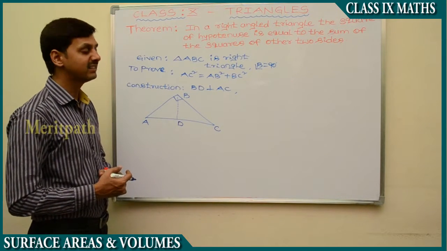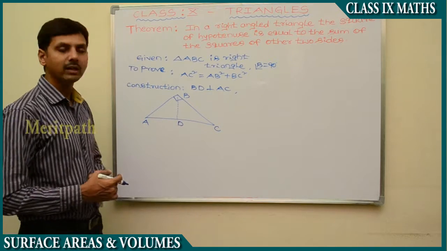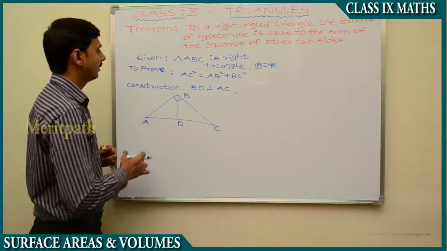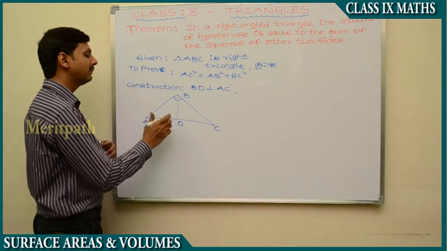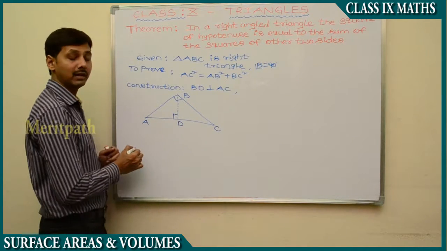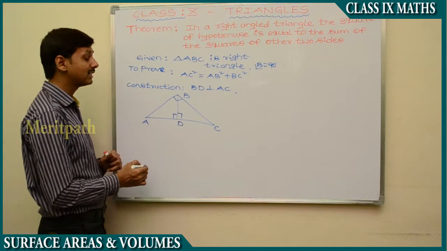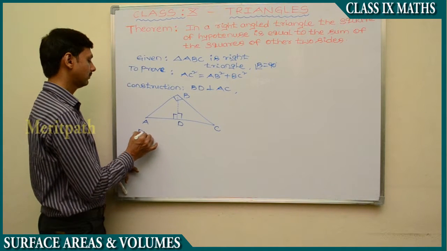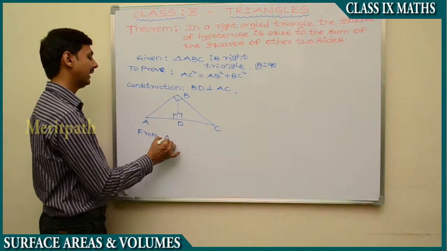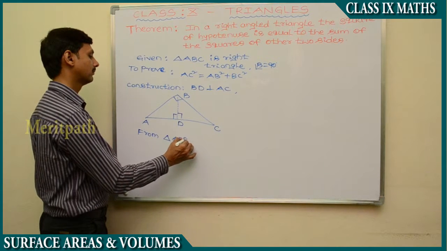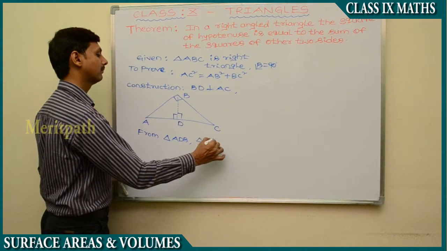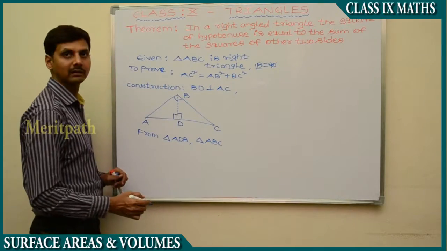BD is perpendicular to AC. So in this we can observe this is a part of triangle ADB. The perpendicular line we have drawn is 90 degrees, and this side also we get 90 degrees. From triangle ADB and triangle ABC, let's consider two triangles.